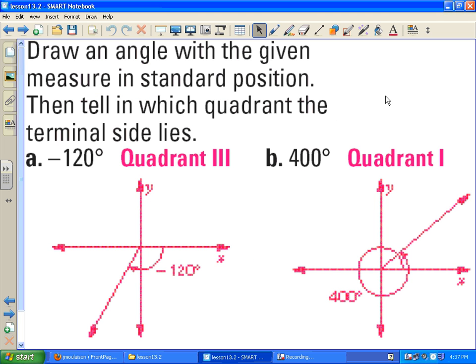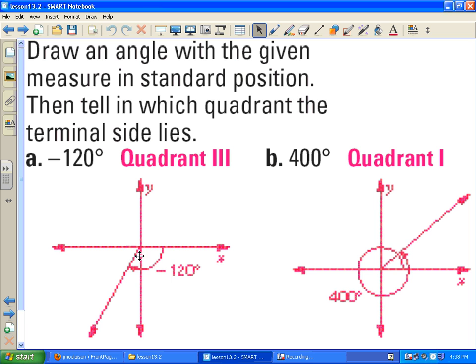So in this example, draw an angle with a given measure in standard position, then tell in which quadrant the terminal side lies. If I look at the angle, the sign of the angle identifies what the direction of rotation is. So negative angle means a clockwise rotation. Now starting from the initial side, the positive x-axis, since we're measuring these in standard position, the rotation is 120 degrees clockwise.